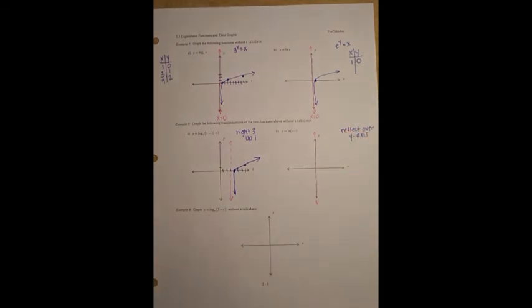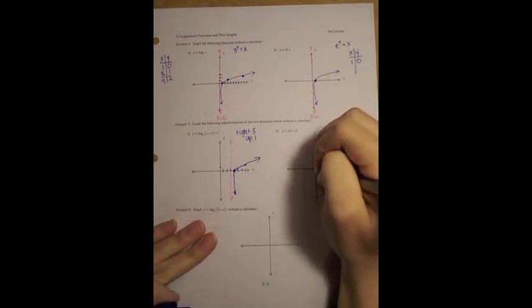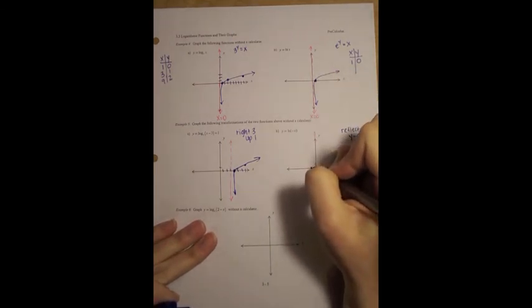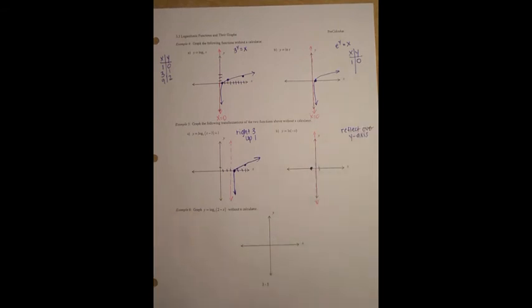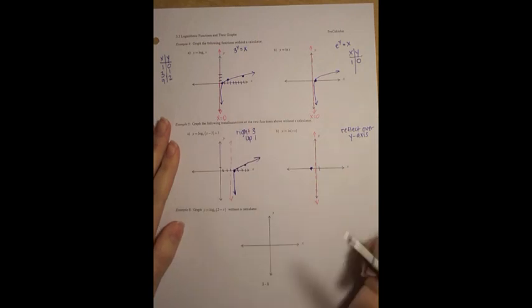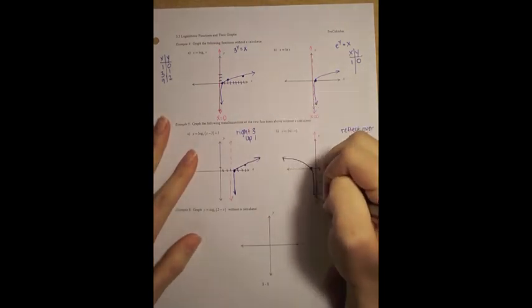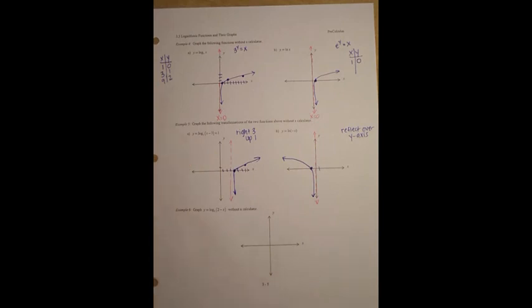And our point at 1, 0 will reflect over the y-axis and become negative 1, 0. Now our whole function will flip from one side of the graph to the other, so our logarithmic function will now look like this.